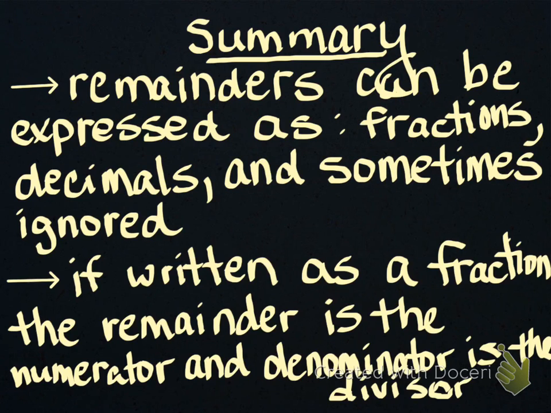We also learned that if the remainder is written as a fraction, the remainder is the numerator, or the top number of the fraction, and the denominator is the divisor, or the bottom number of the fraction.